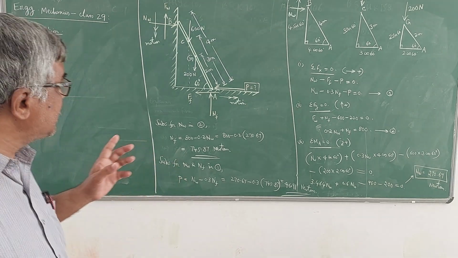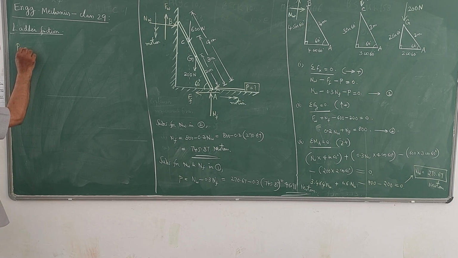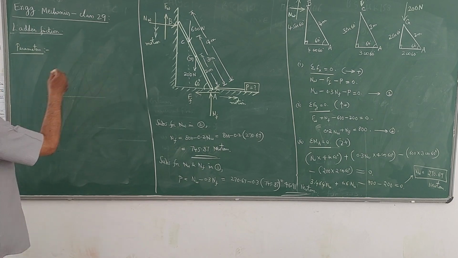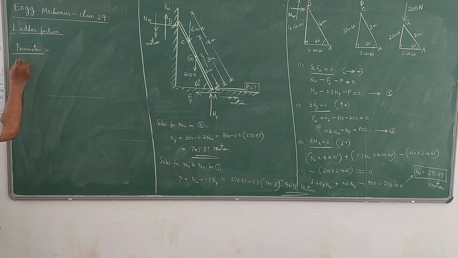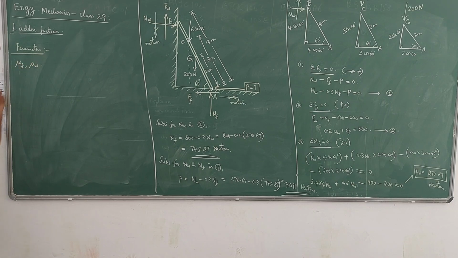So here the parameters in the case of ladder friction, I can list out: mu F, mu W, the coefficient of friction between ladder and floor, and the coefficient of friction between ladder and wall.